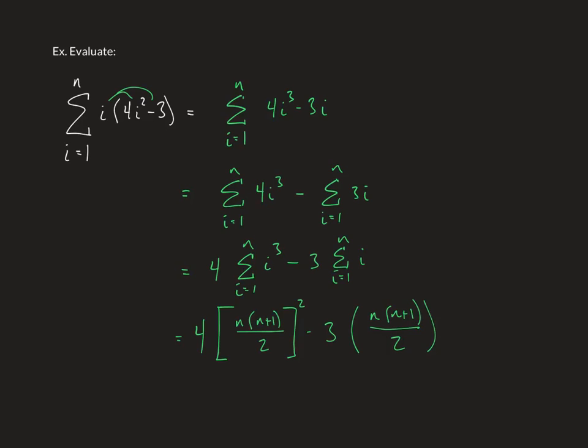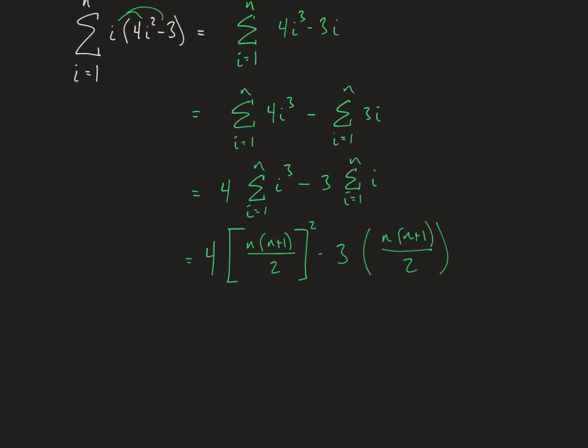And so now I can just do a little bit of work to try to simplify this expression. There are some things that I could do to help here. I'm going to rewrite this first term as 4 times, and if I square this whole expression, then I'm going to have n times n plus 1, and I'm going to leave that squared, just so that we can see this differently, over 2 squared, which is 4, so you'll see that those 4s cancel, minus 3n times n plus 1 over 2, and all I've done is just move that 3 to the numerator.